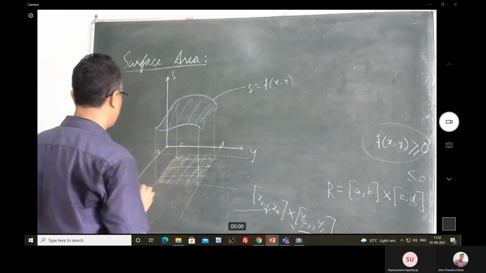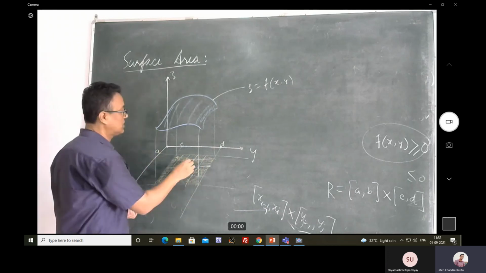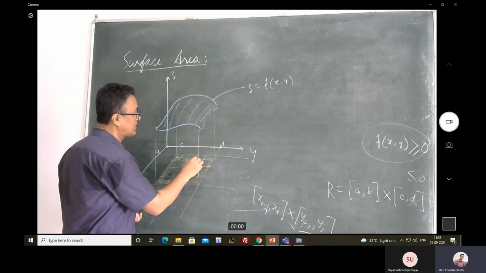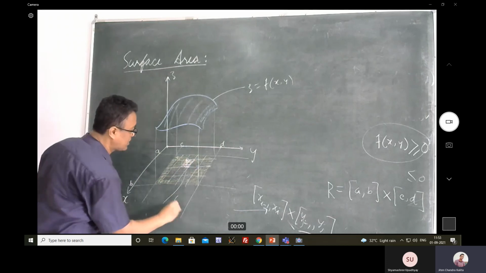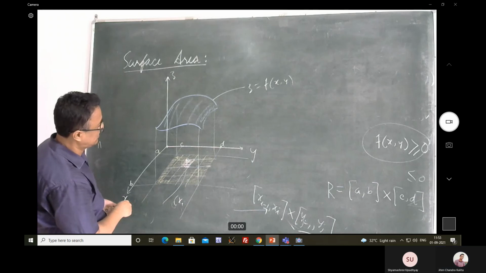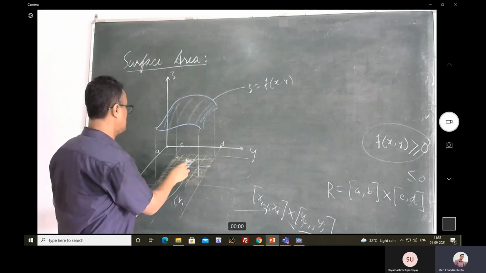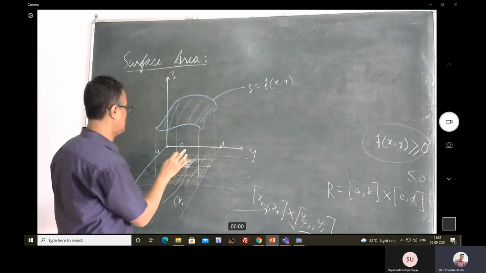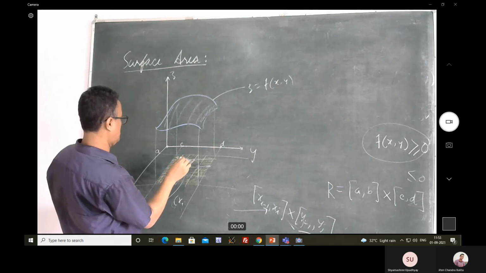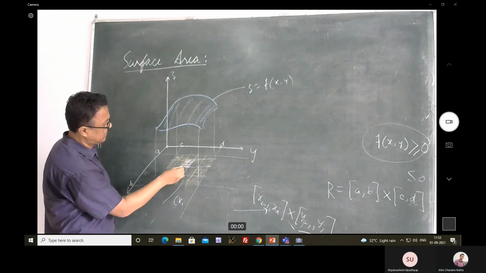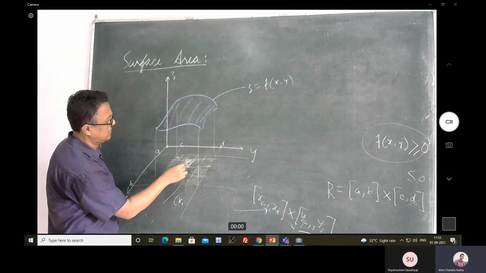So now, if you consider the graph of the function for this subrectangle, suppose this is x_{i-1}, this is x_i, then y_{j-1}.